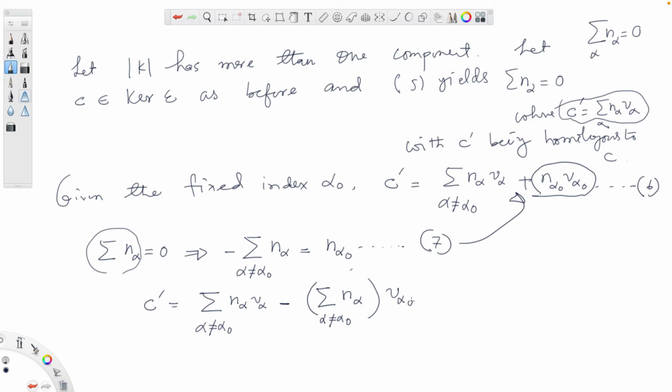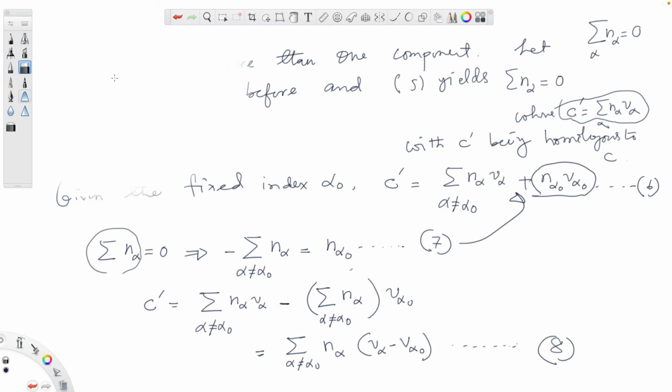Okay, and now we can factor out this coefficient term, that being the same in both the summands, which is n alpha, right? V alpha minus V sub alpha 0. This is equation number 8. This is how C prime looks in the case where the underlying space is not connected anymore. Okay, good.